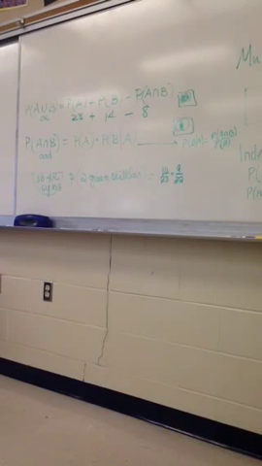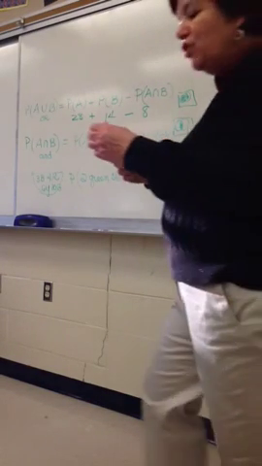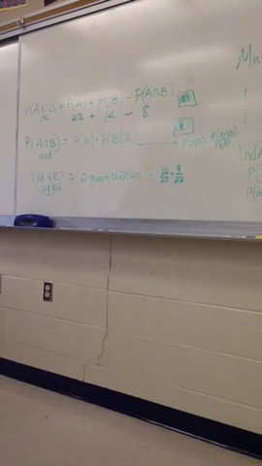So it changes, so they cannot be independent of each other, and you know that intuitively. Obviously, if you're male, it's going to change the probability of being pregnant. That makes sense. So they can't be both at the same time.